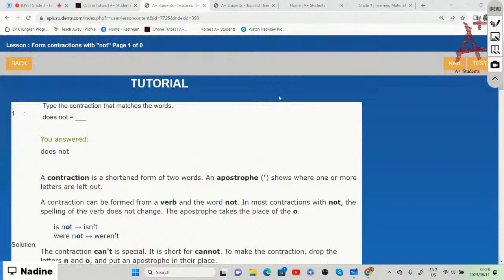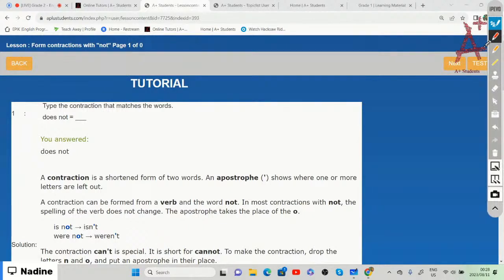If we shorten it, it's a shortened form of these two words, and we say doesn't.